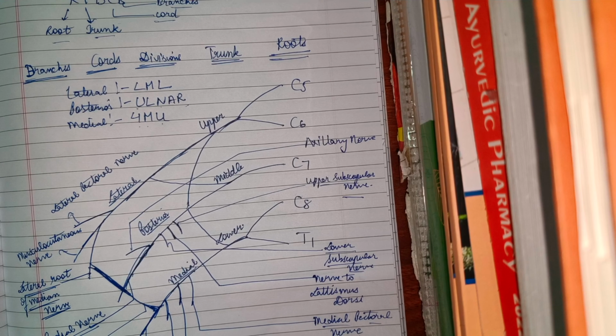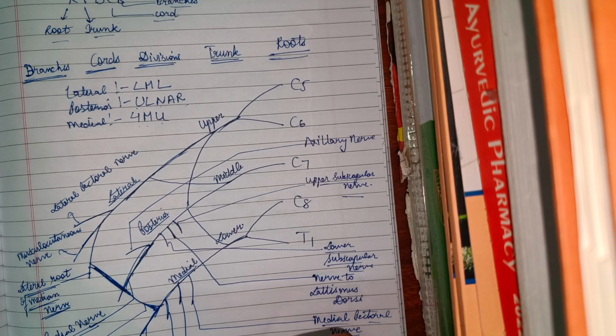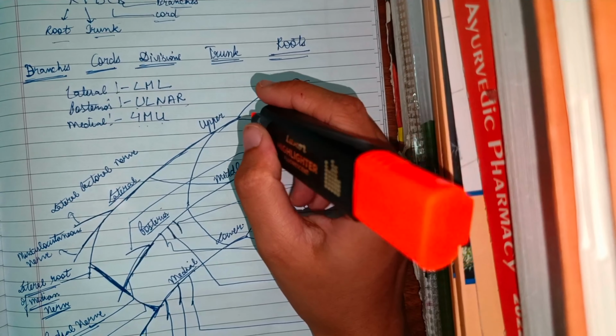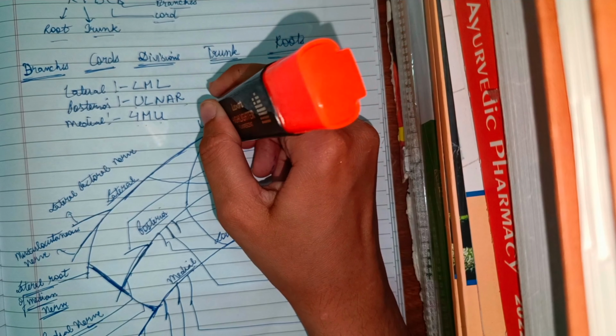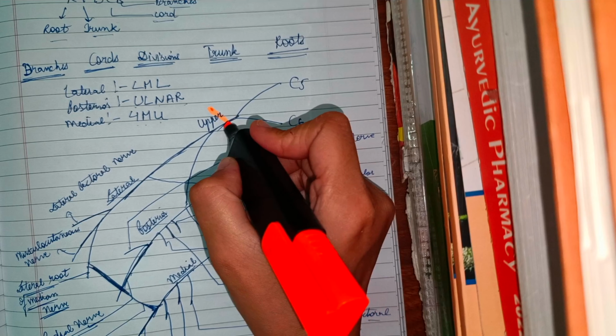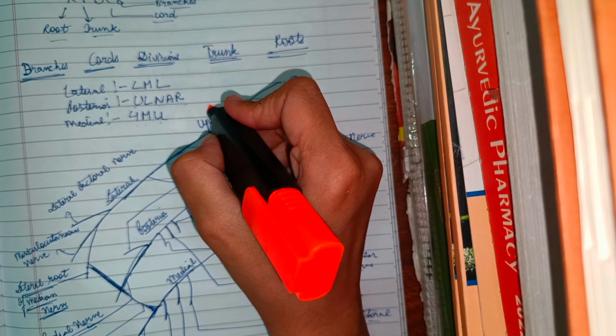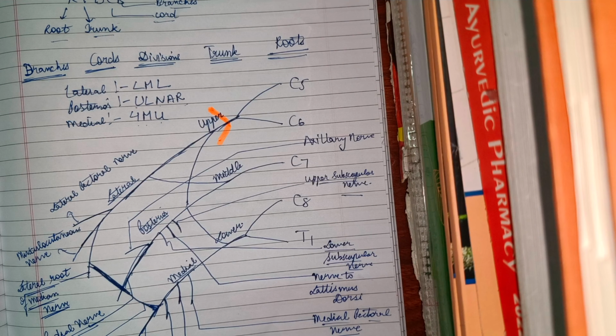So guys, here two branches arise from the trunk also, which are suprascapular nerve and nerve to subclavius. This is suprascapular nerve and this is nerve to subclavius.